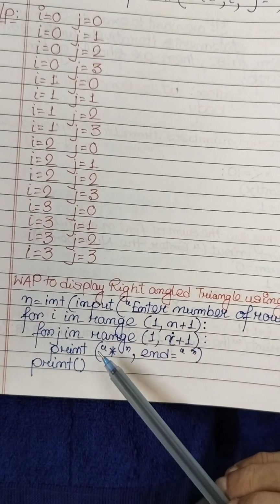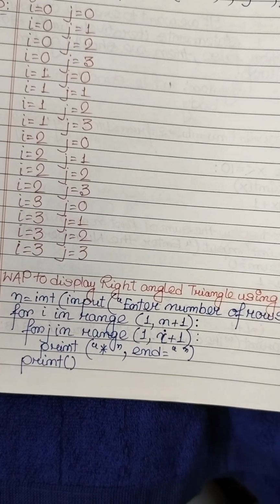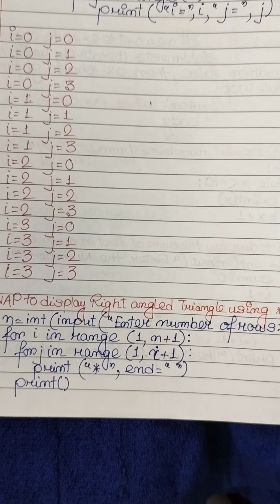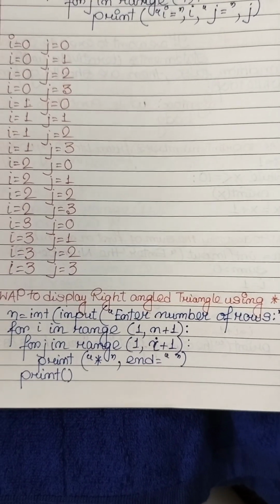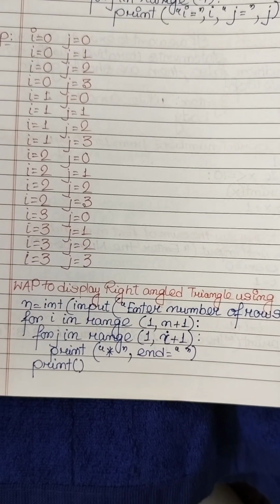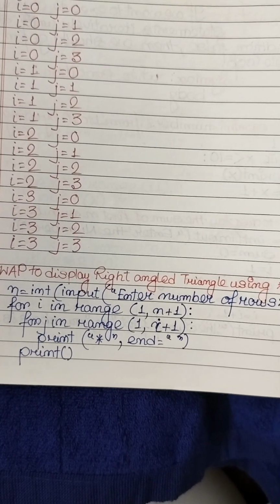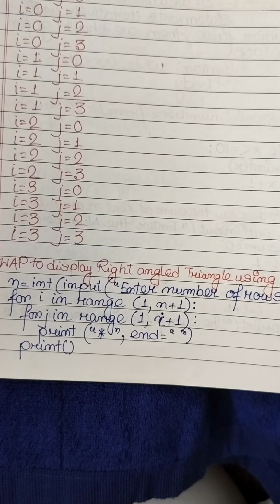Then for j in range(i), where i means the row, print an asterisk, and last print the blank section.